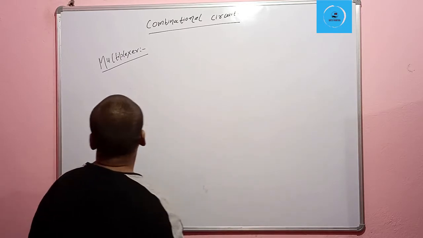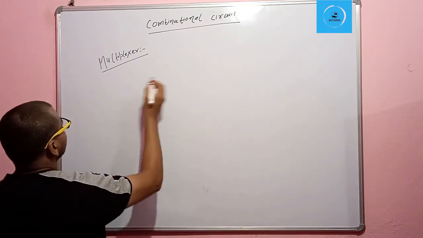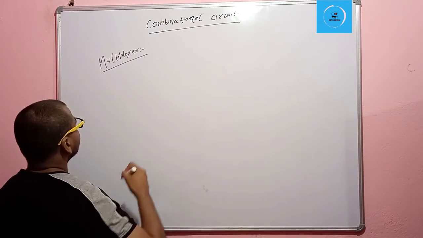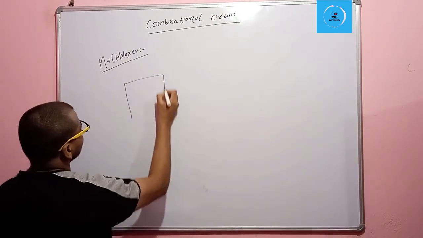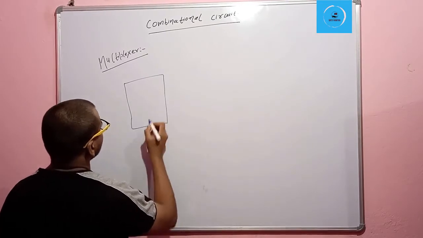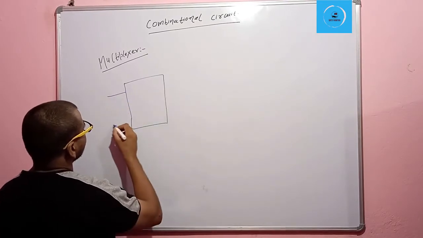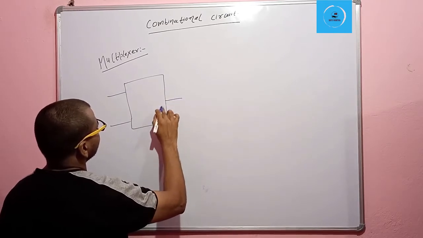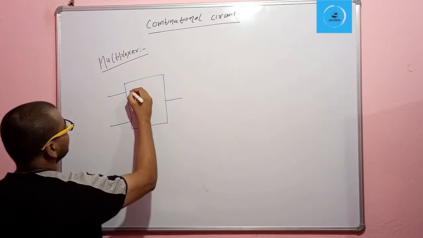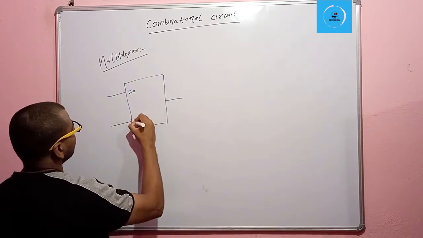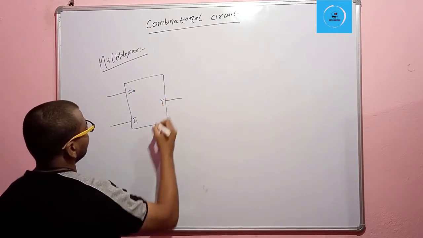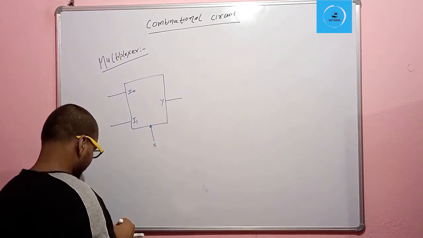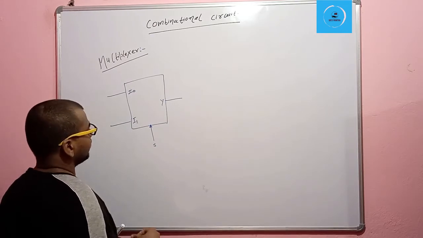So let's see the block diagram of the multiplexer and how it works. Suppose this is a 2 into 1 multiplexer. Here one signal I0, here one signal I1, and here we are going to take the output, and here we are going to take the S conditional signal or selective signal.